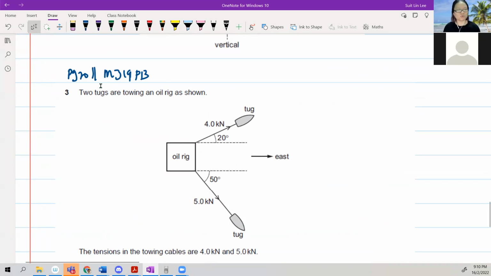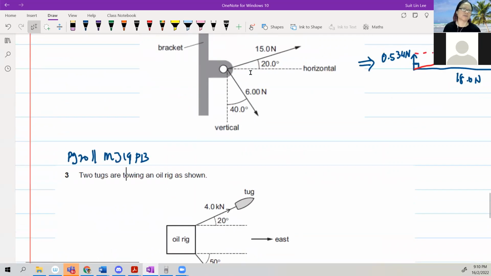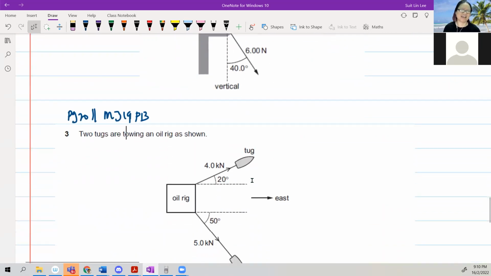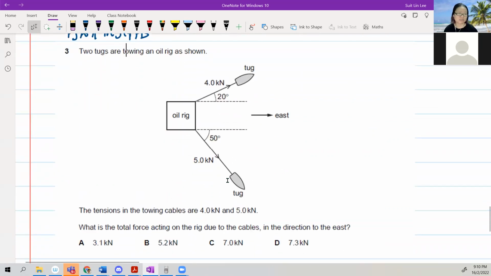Right, now we have an oil rig. It looks a lot like the bracket, right? The angle change, the value change, the context change. Oil rig with 2 tugboats, but the steps will be the same. So in this one, they're asking us to come up with the total force acting on the rig due to the cable in the direction to the east.